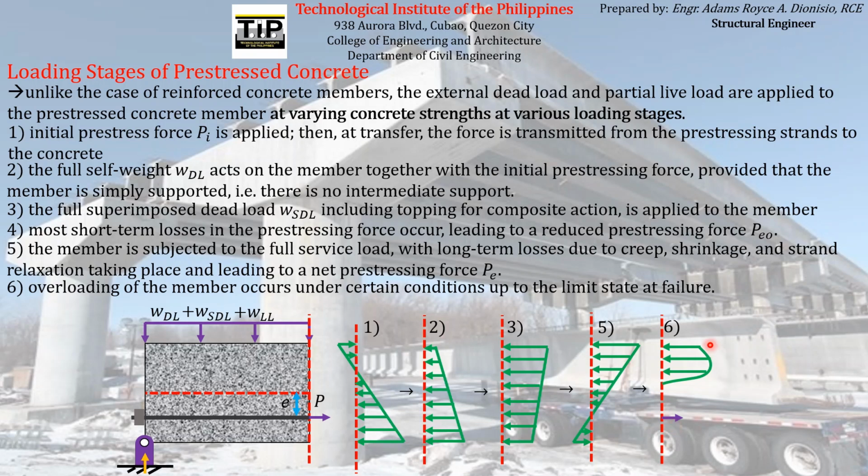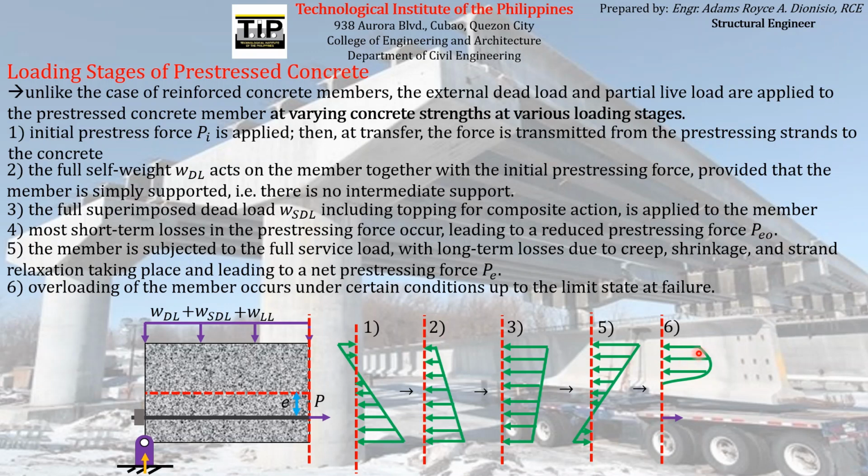You can see that the stress diagram changes from being linear to a somewhat irregular shape, because at ultimate or failure stage, the stresses acting on the concrete element are no longer linear. That's why it has an irregular shape.